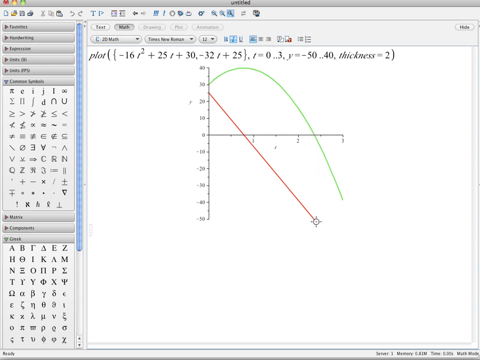If I carry this out far enough, which it looks like I'm pretty close, if I found this value right here, I could tell you how fast it was going when it hit the ground. And also by looking at this, just roughly, I'm not going to calculate it, you could do it with algebra. But it looks like it hits the ground at roughly 2.75 seconds-ish.